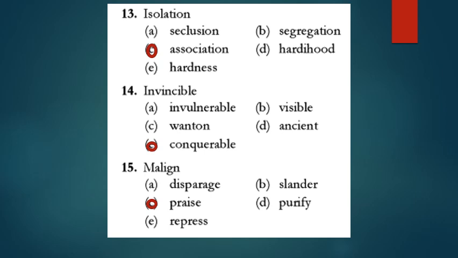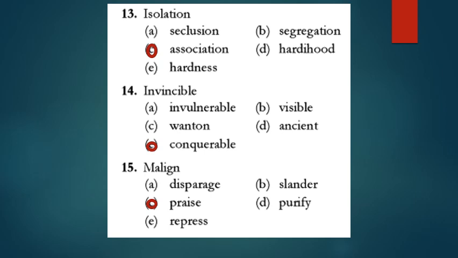Isolation, remaining isolated. Seclusion, again remaining secluded, away from others. Segregation, separation. So the right answer will be C, association. Invincible, somebody who cannot be defeated, somebody who cannot be conquered. So here the right option will be conquerable. That's E. Because of the remaining options, invulnerable, you are familiar with the word vulnerable.